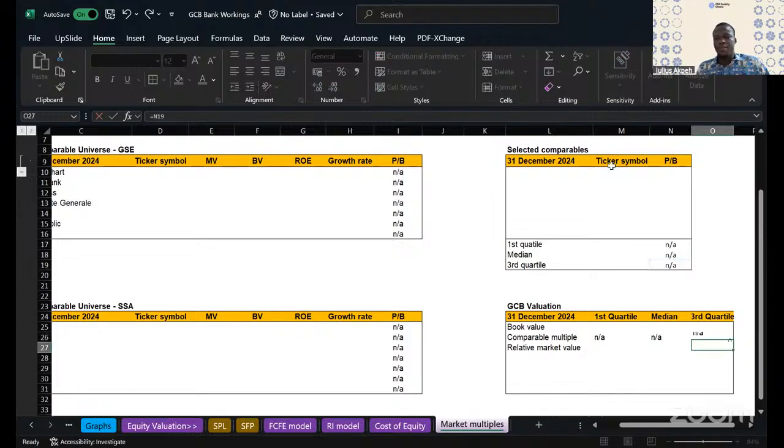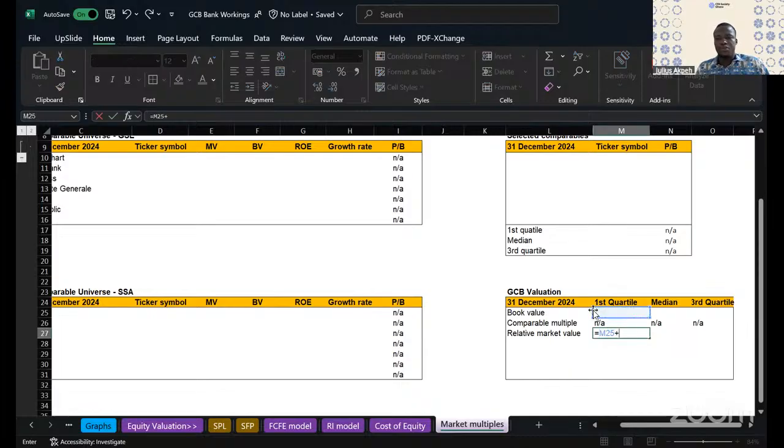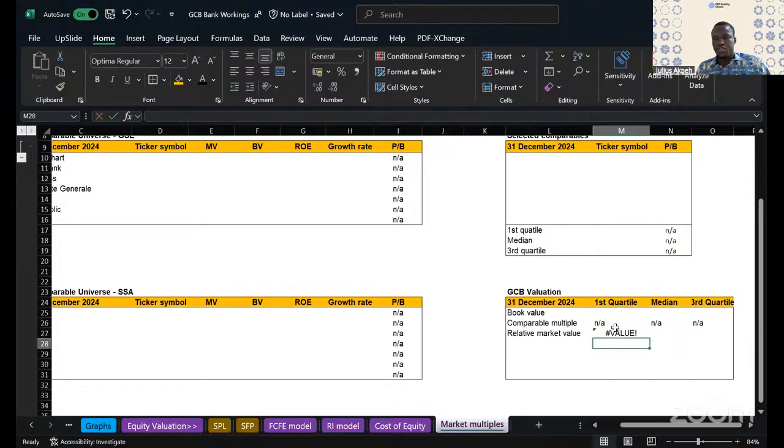I didn't use mean because mean tends to bias multiples. So relative value, in this case, will be the book value multiplied by the price to book multiples, as we have here. Okay, so this is what we have.